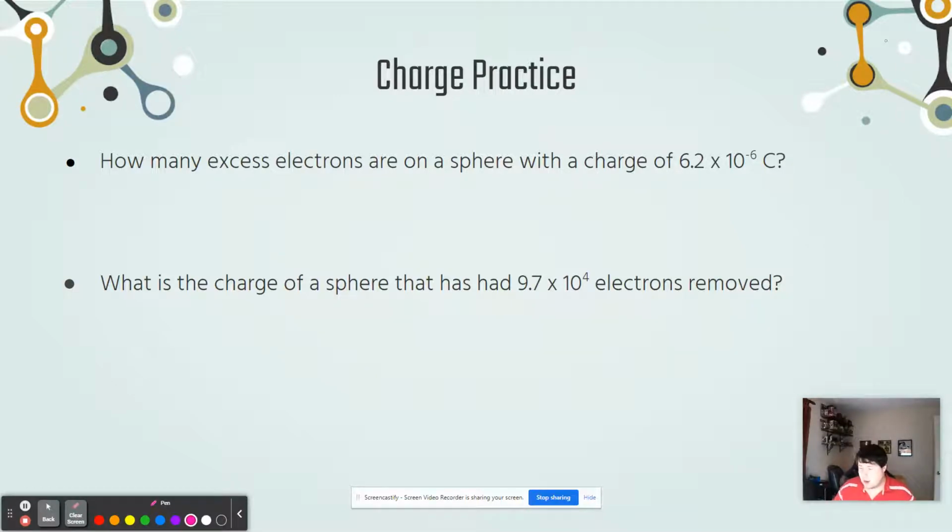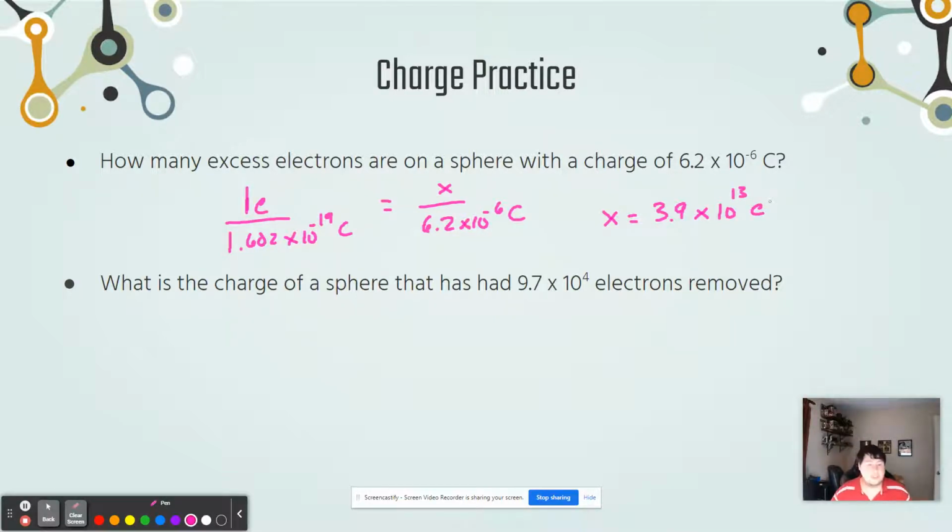I know that one electron has a value of 1.602 times 10 to the minus 19th coulombs, and I'm asking how many electrons, X, will give me a charge of 6.2 times 10 to the minus 6 coulombs. Solving the ratio, I get a value of 3.9 times 10 to the 13th electrons.